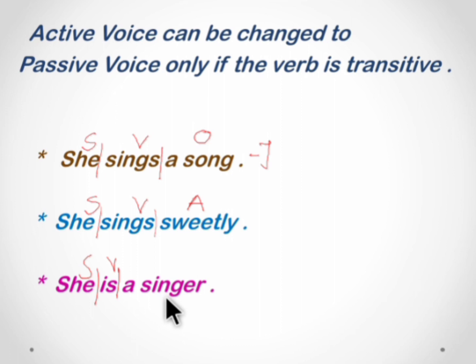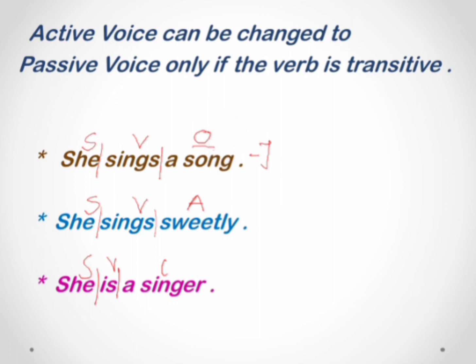When the sentence is incomplete, the word which completes the sentence is a complement. So there is no object in these two, so these two are intransitive verbs. Only this sentence we can change into passive voice because only this sentence has an object. The sentence is transitive only if an object comes after a verb.